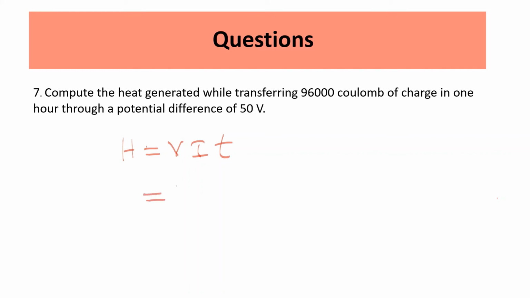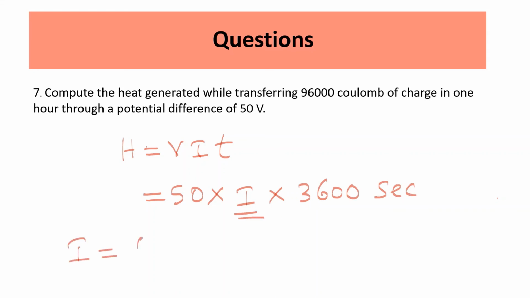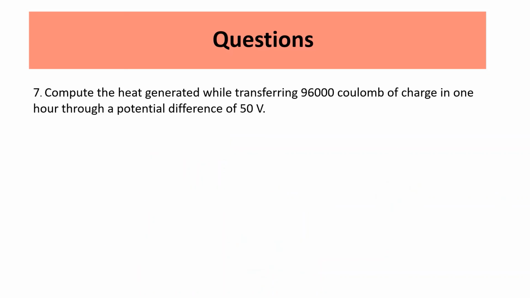V is equal to 50 and I you need to find out. T is given as 3600 seconds. How will you find out I? We know electric current I is Q by T. Find out I from this: 96,000 divided by 3600. When you do this, you will get the value of current I.